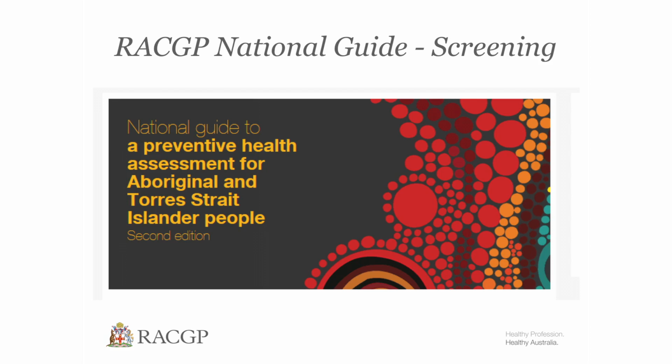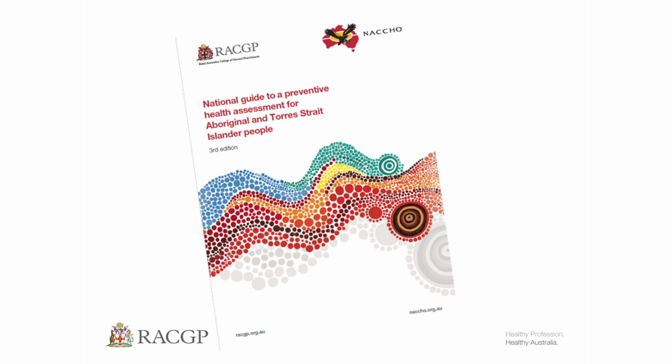So, for example, testing cholesterol, checking renal function, testing for diabetes. And there's also sections in the National Guide for things like a new chapter on violence and abuse and picking that up. So do watch out. The second edition is still available on the college website, but within the next month, the brand new third edition will be launched. So do watch out for that. We'll move on to the next slide.